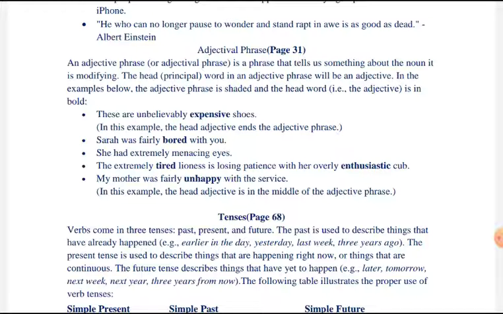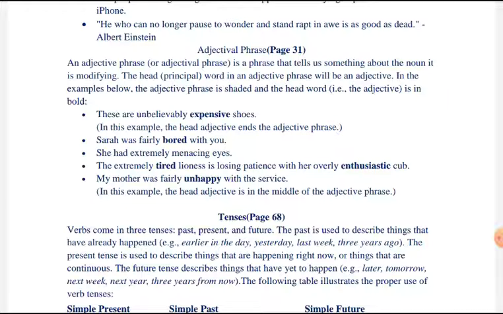In the example below, the adjective phrase is shaded and the head word is in bold. It's a phrase that tells us something about the noun it modifies.